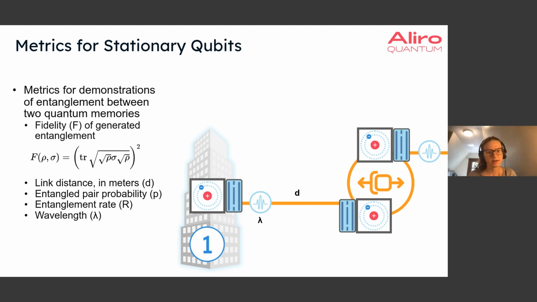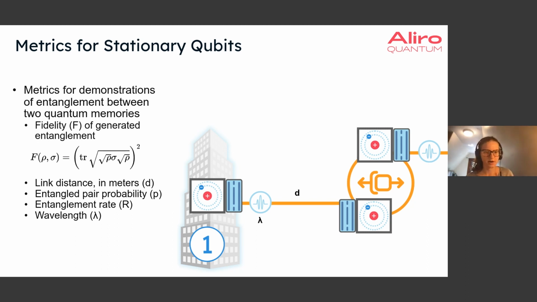More technically, the fidelity will tell you how closely your quantum state resembles some goal quantum state or some second quantum state. So a high fidelity means the two quantum states match really well, and a low fidelity will mean that they don't actually match very well.